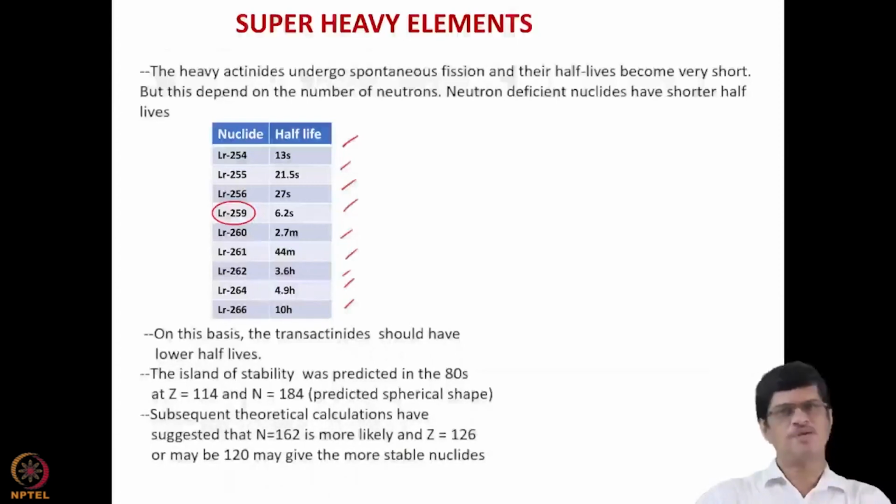So this was predicted much earlier, and subsequent theoretical calculations have suggested that this island of stability may be at a neutron number of around 162 and with a Z value of maybe around 126 or maybe 120. This may give the most stable nuclides.